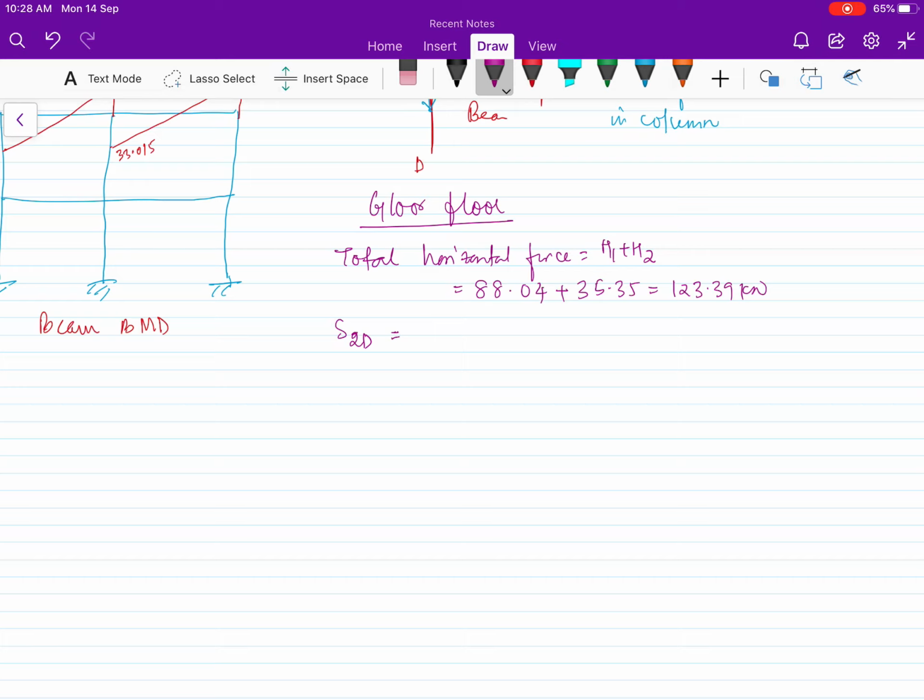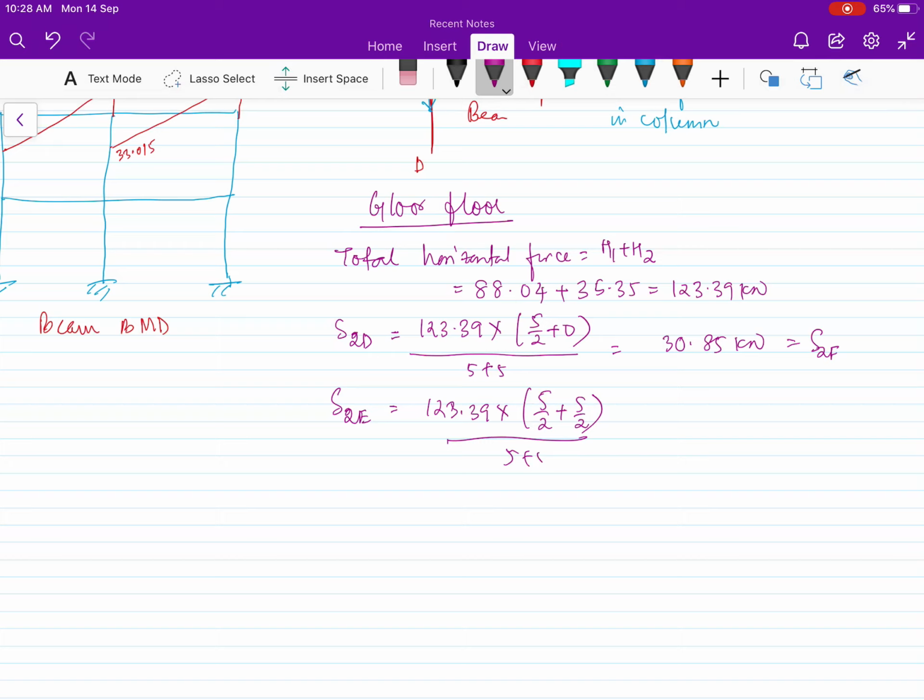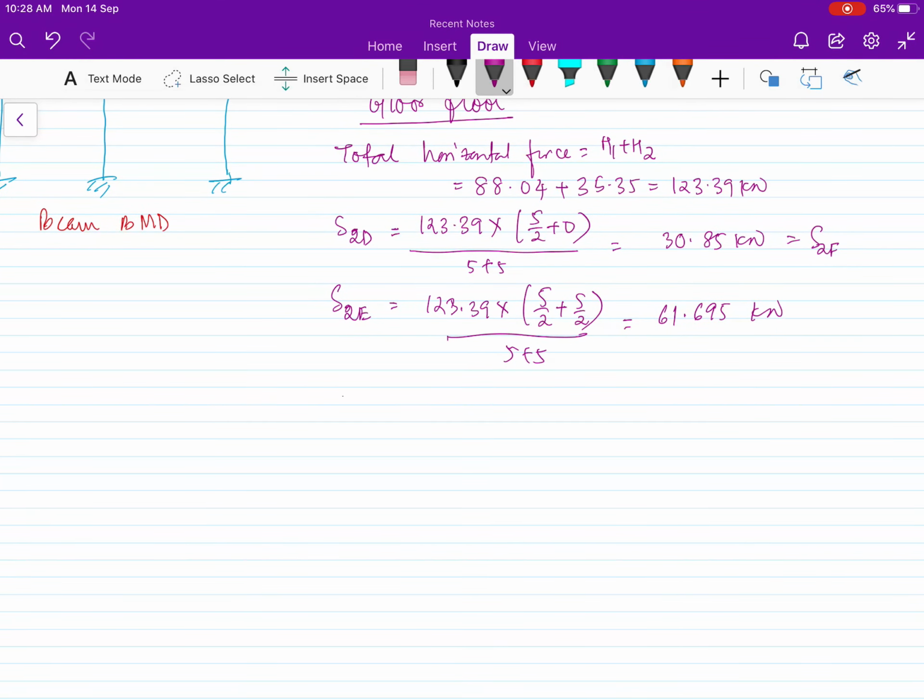So 2D will be 123.39 into 5 by 2, because only one member is going to come, the other member is 0, divided by 5 plus 5, the total length. So you'll get 30.85 kilonewton. This is also equal to the last member shear force. And the shear force at 2E will be 123.39 into 5 by 2 plus 5 by 2, divided by 5 plus 5, as there are two members. So you are going to get 61.695 kilonewton. Okay. So from here we are going to calculate the moment.